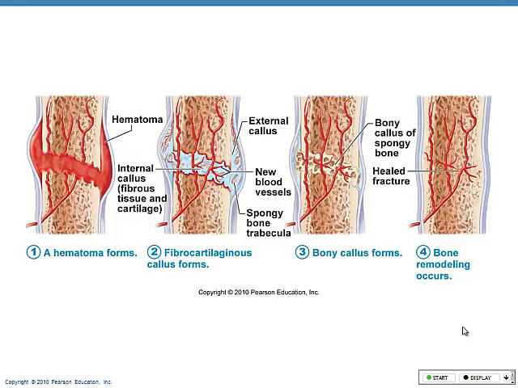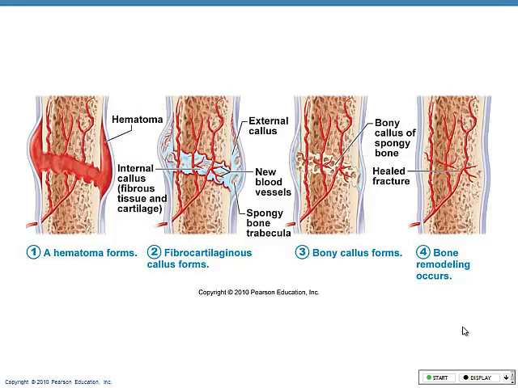We're also going to start forming new blood vessels and new pathways to continue to feed the bone. And at the end, when bone remodeling occurs, it's kind of like me making that clay pot. I'm going to start with extra, and then I'm going to hone it down.